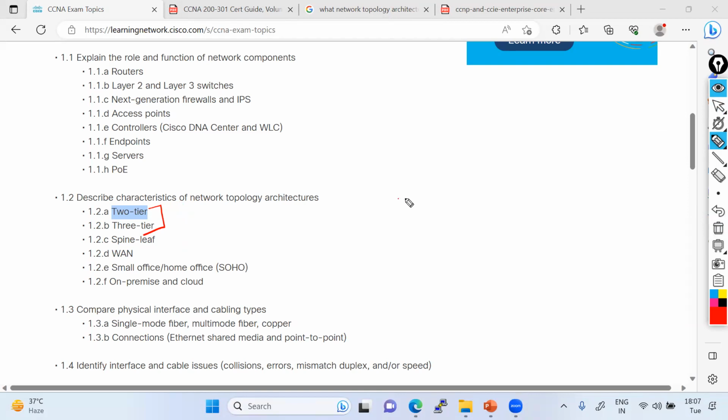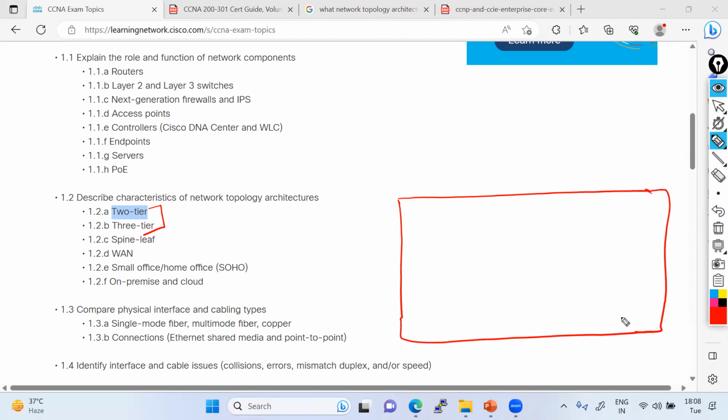In my office, we have two sections. One we call the LAN, which is the local area network. And another section is where we connect the internet.